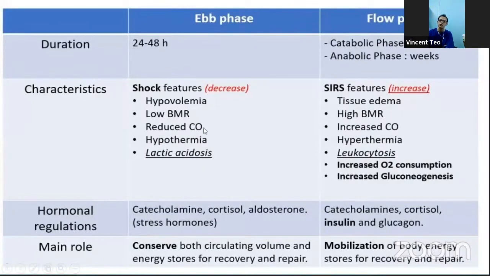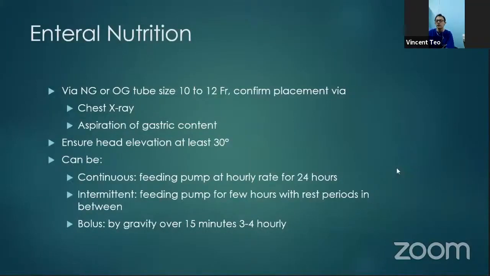So basically, you need not push the patient's calories that high when the patient is admitted early. As the phase wears off, the patient will go into the flow phase, the catabolic phase, and that's when you start to step up your feeding. And of course, towards the anabolic phase, when the patient is recovering and building up, that's when you have to increase your calories further for better tissue repair and energy for recovery.